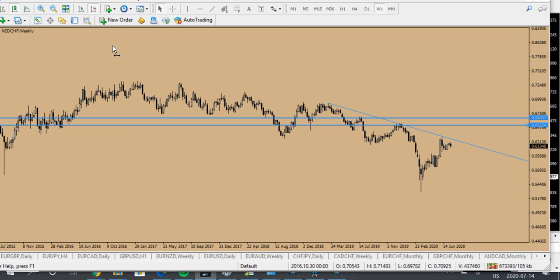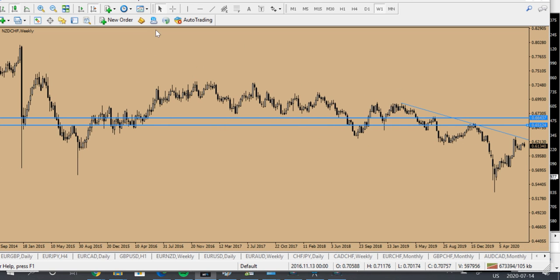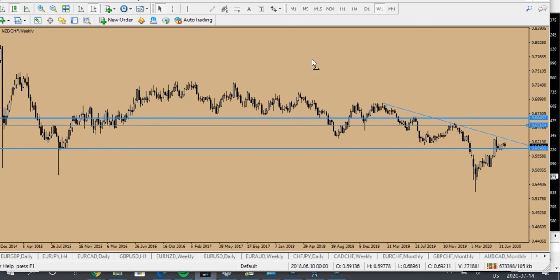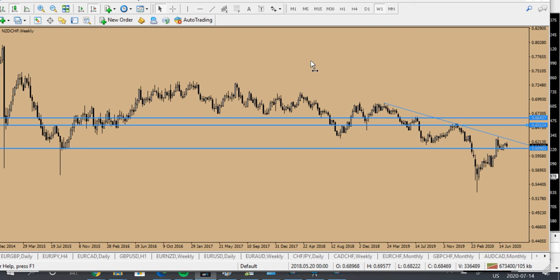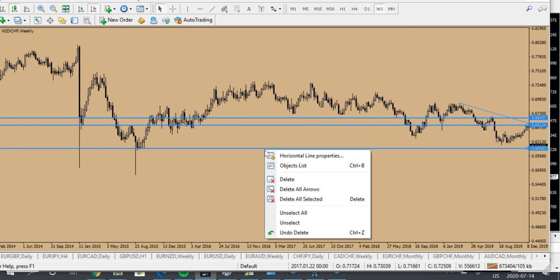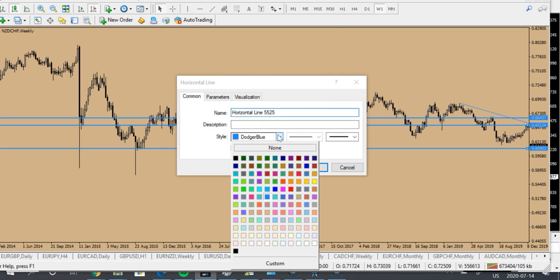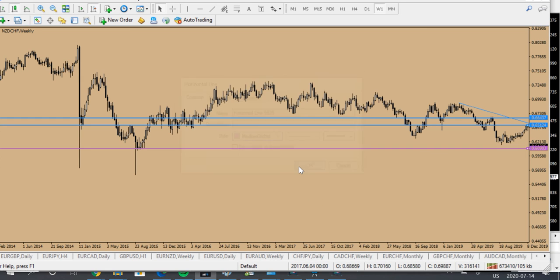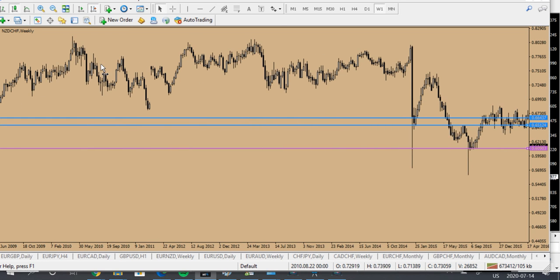Now, where would I be looking for a possible buy? Would be around that, actually within that support level, which probably will be soon. Right?